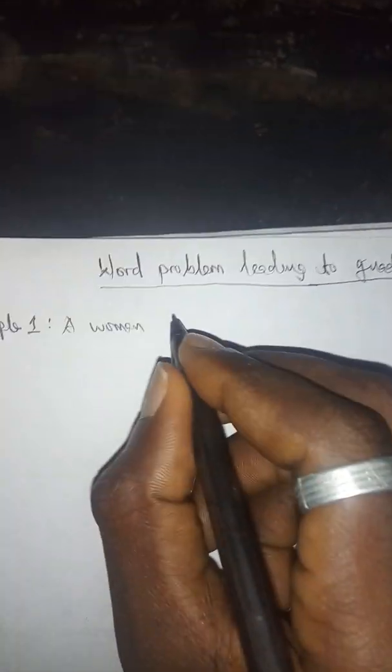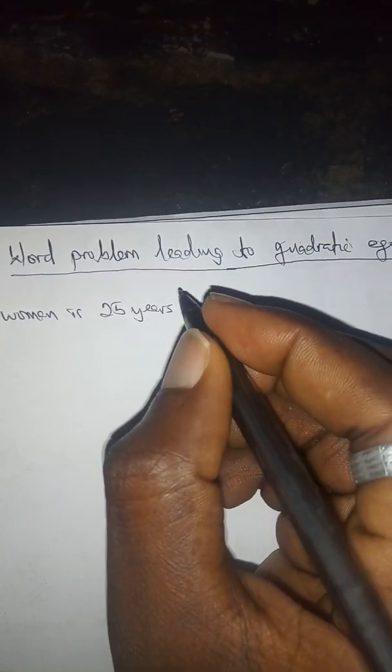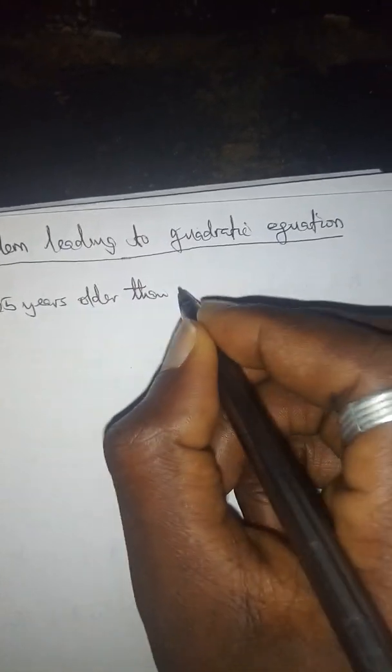Example 1. A woman is 25 years older than her daughter.